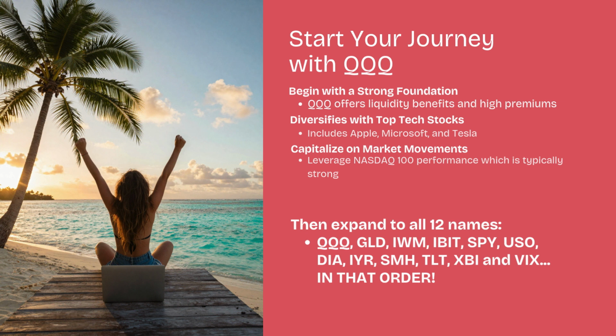Again, it's going to give us probably about 50 cents a week, and it is highly liquid. A lot of people are in the NASDAQ 100, and it's a very strong trading vehicle. It's going to have action on both sides always. And QQQ and the index itself, NDX, is what we trade. So that's the one that we start with.